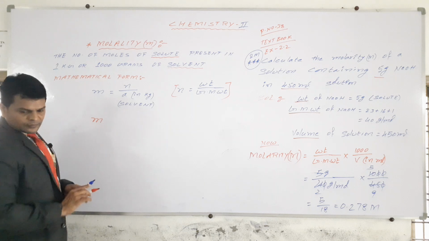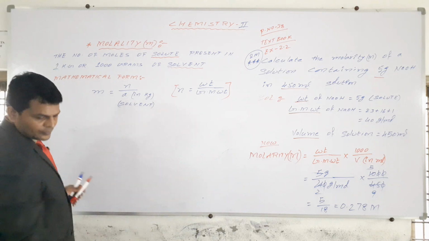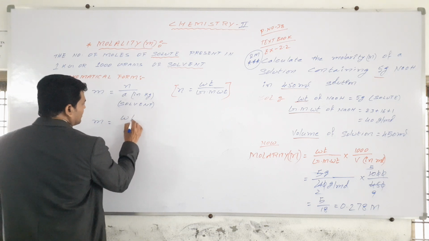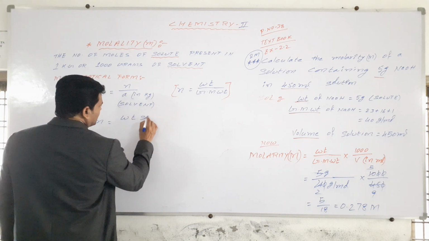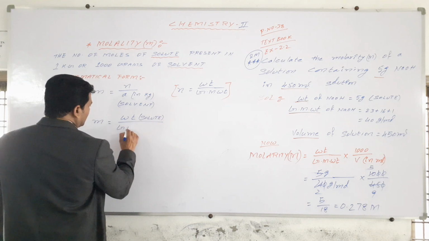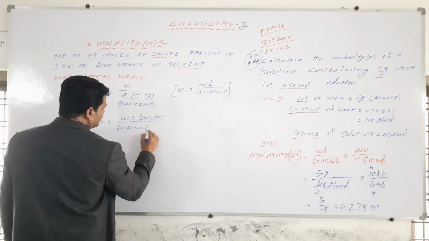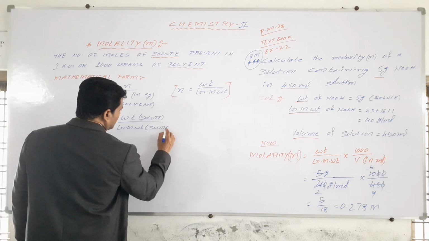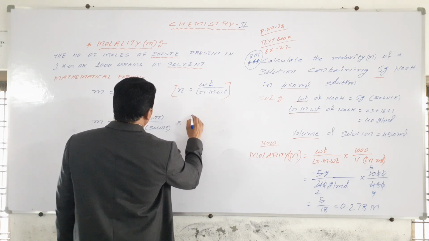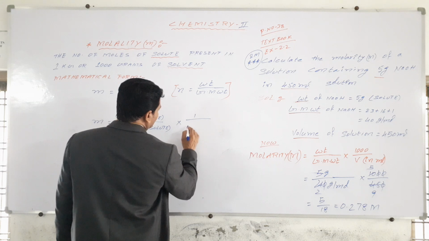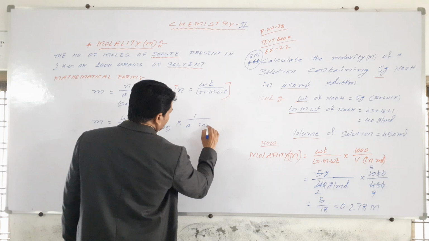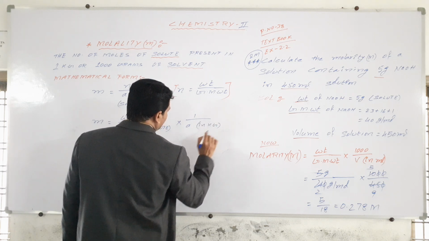Small m is equal to weight of solute by gram molecular weight of solute into 1 by A in kg.